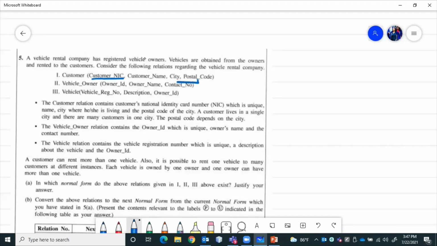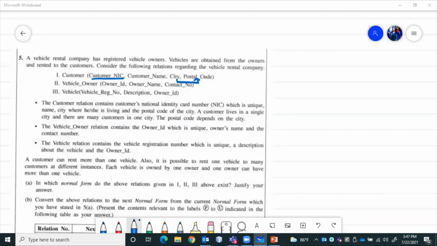So quickly tell me, what is this dependency? Postal code is depending on the city attribute, right? What is this dependency? Yes, we got an answer. Transitive dependency. Very good, right? Transitive dependency. Yeah, right. A non-prime attribute is depending on another non-prime attribute, right?